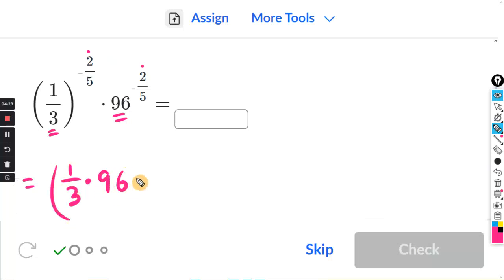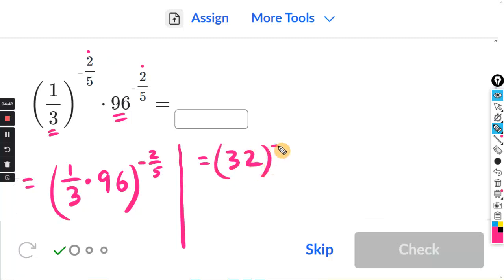And that quantity, that product, is raised to the power of -2/5. All right, 1/3 times 96, or 96 divided by 3, is going to be 32. And again, that is to the power of -2/5.